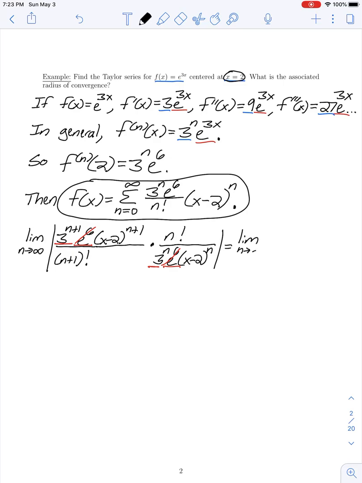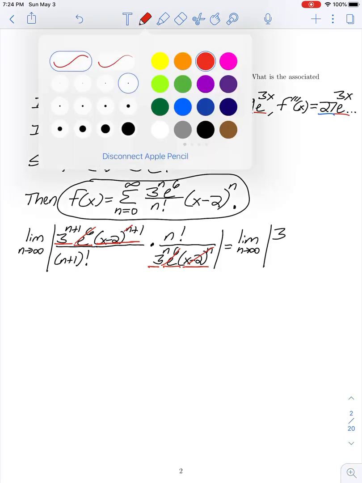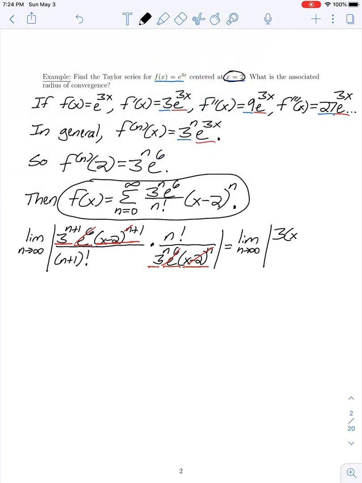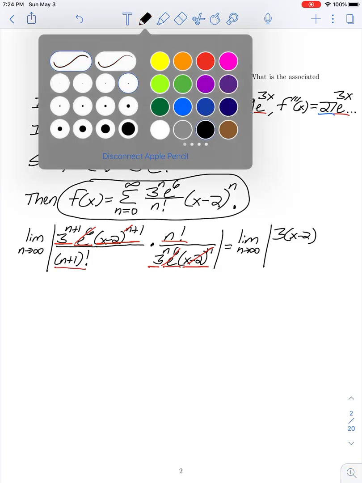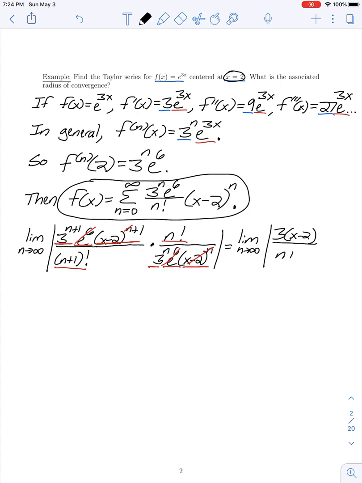So we have the limit as n approaches infinity of 3 in our numerator. We had a factor of x minus 2 to the n plus 1 over x minus 2 to the nth. So if we cancel n factors, we're left with an x minus 2 in the numerator. And lastly, our n factorial divided by n plus 1 factorial leaves us with an n plus 1 in the denominator.